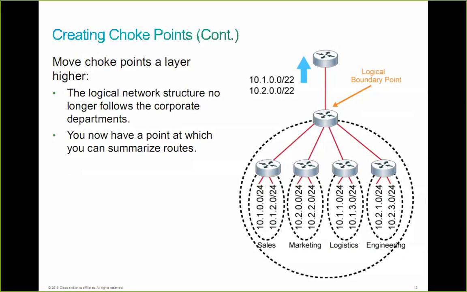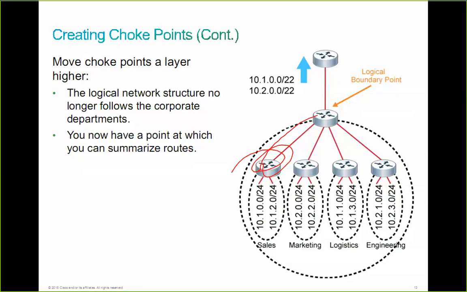Now, talking about this from a network architect or design standpoint, you might say, for the sales folks or the marketing folks, let's not use 10.1.0 and 10.1.2, let's use 10.1.0 and 10.1.1 so that I can extend that choke point down to this point.